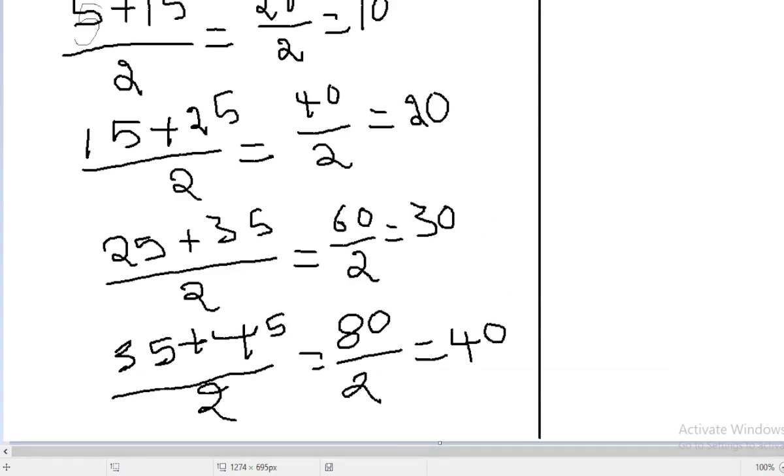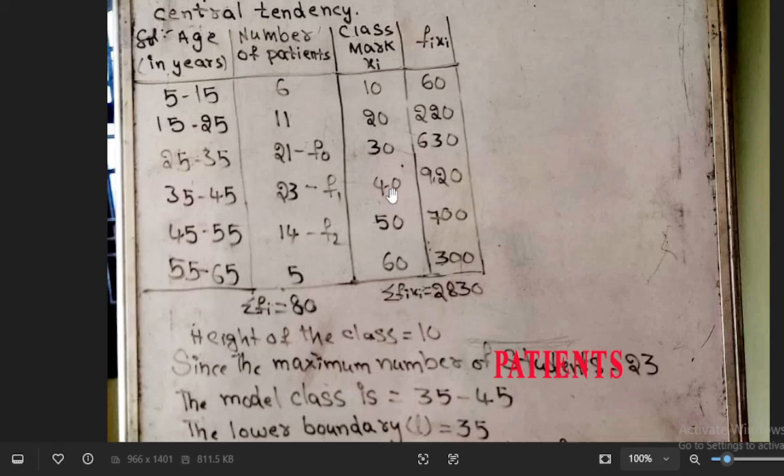So 40 we write as the fourth class midpoint, or fourth class class mark.